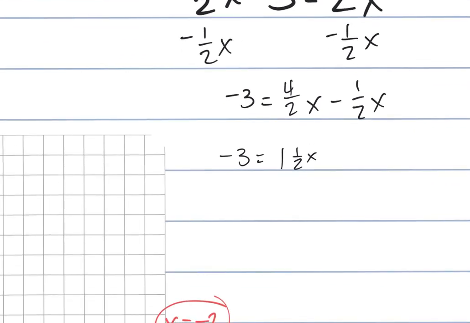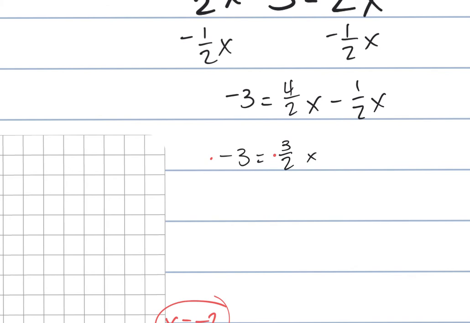So I'm going to do it like that, Diego, just because it makes this part a little bit easier. Let's make it 3 over 2. What do I need to do to solve for x? Diego? You have to divide -3 by 3 over 2, but you can't divide by a fraction. Very good.